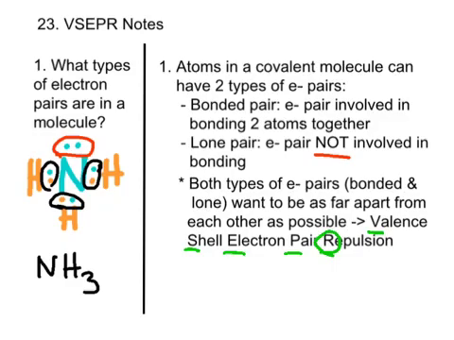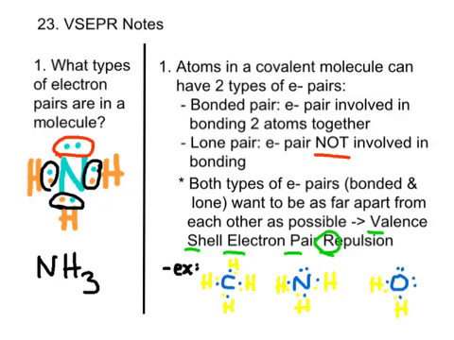So let's take a look at three different examples of molecules and analyze their number of bonded versus lone pairs. If we take a look at the first example, CH4, we see that carbon is bonded on all sides. So in this case, all pairs are bonded pairs in this molecule because we have no electron pairs of its own for carbon that are just sitting there alone.